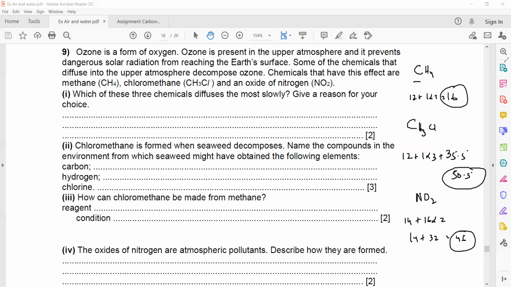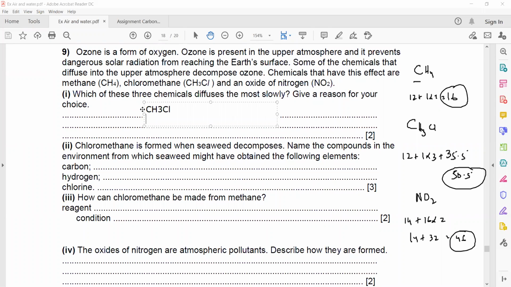So which of them is heavier? Chloromethane is heavier, so it will diffuse slower because diffusion depends on the mass. Which of these chemicals will diffuse slower? Slower is chloromethane, and which will diffuse faster? The faster will be methane because it's lighter.